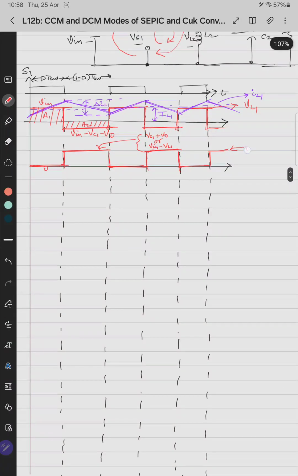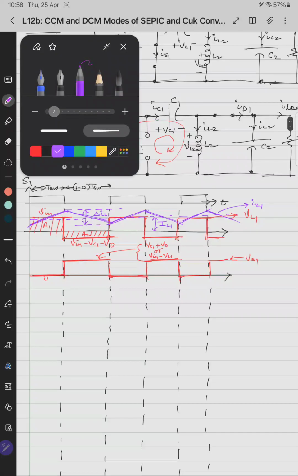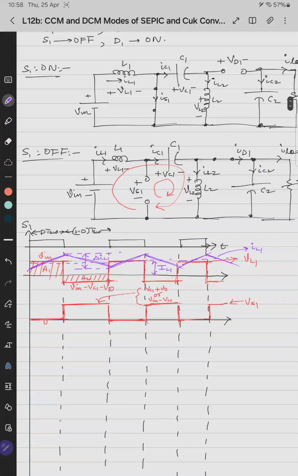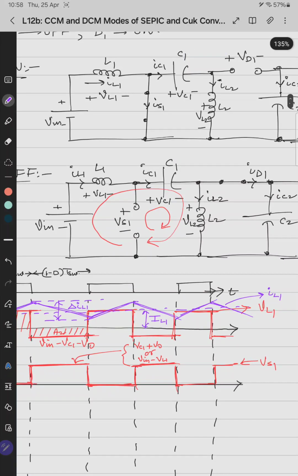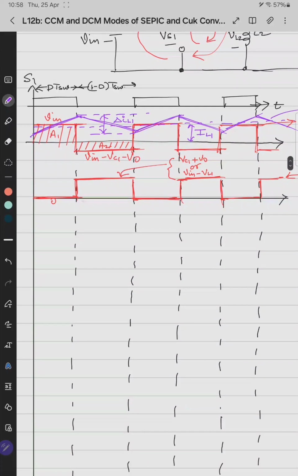This is VS1. Now we'll draw IS1. We'll keep the color for current the same because we have to denote the current in terms of the inductor currents IL1 and IL2. When the switch is on, IL1 is IS1 plus IC1. When the switch is off, the current is 0, so we'll draw 0 here. Switch current is 0.